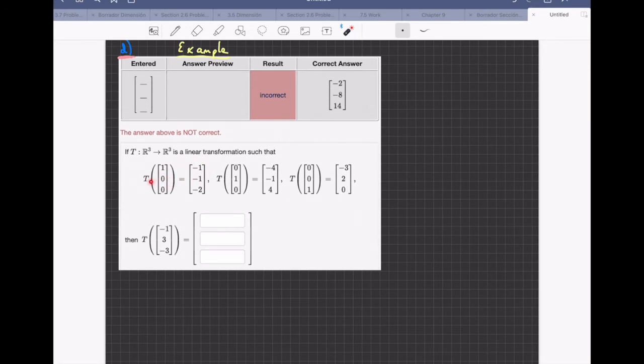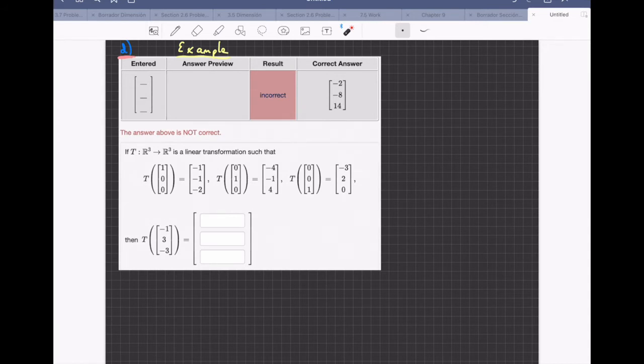I mean, for example, t of 1, 0, 0 returns negative 1 and negative 2. So the question is, what is t of negative 1, 3, and negative 3?